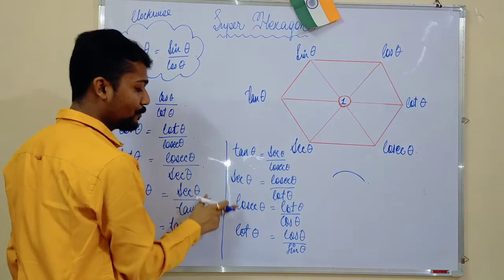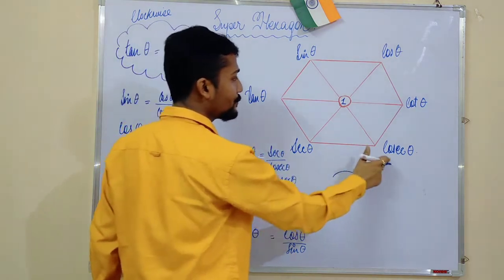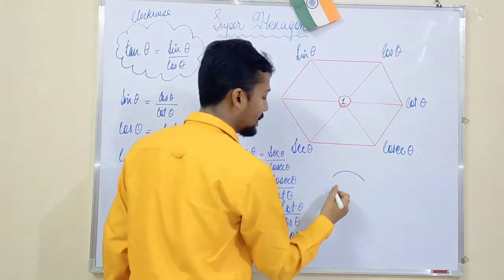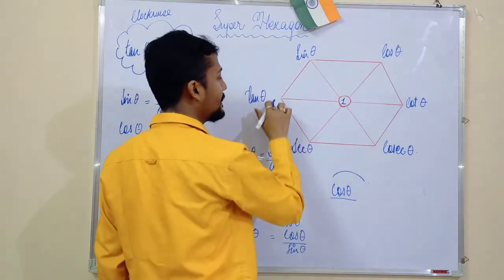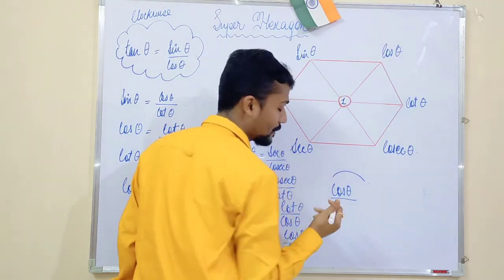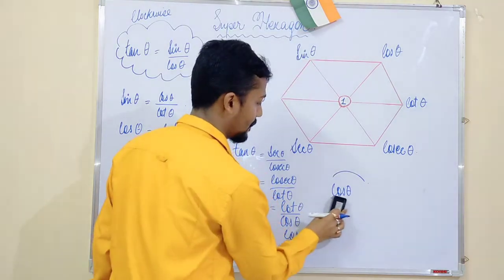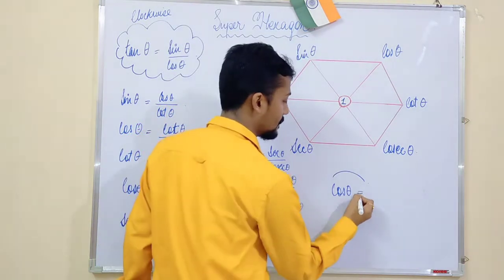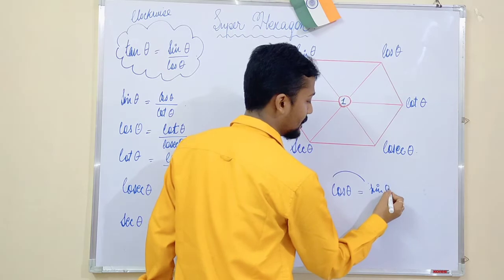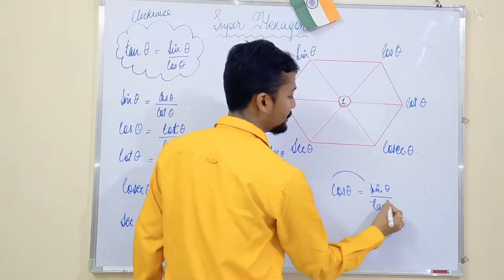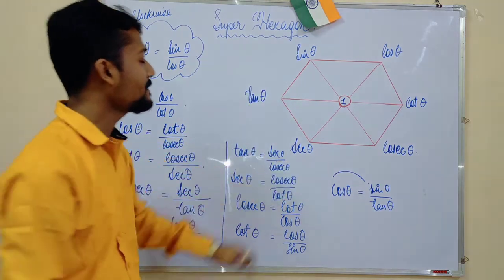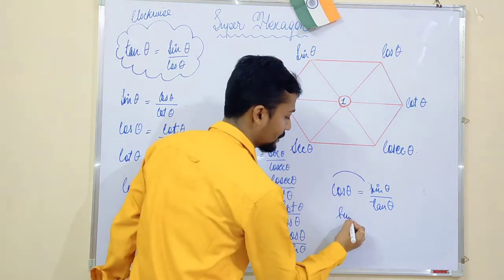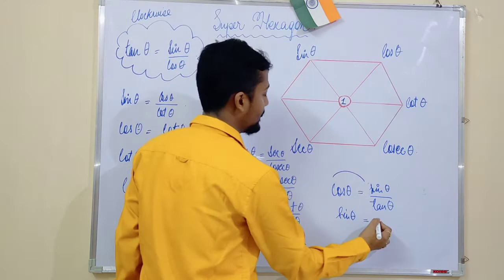Done. 1, 2, 3, 4. Then fifth, cos theta. Cos theta is equal to sin theta by tan theta. So what will be sin theta? It will be tan theta by sec theta.